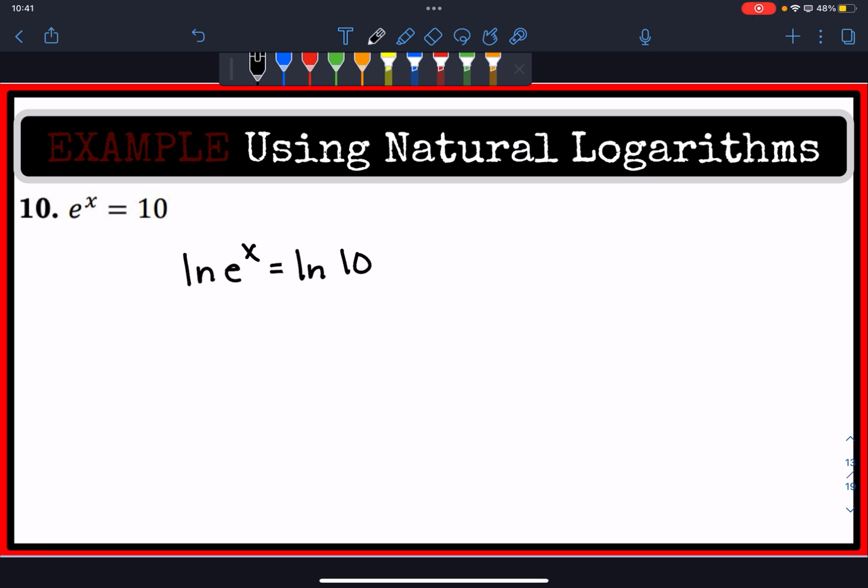And here, and I'll only do this one time, this, remember, is equal to 1. So x times 1 is x. And we have the natural log of 10.